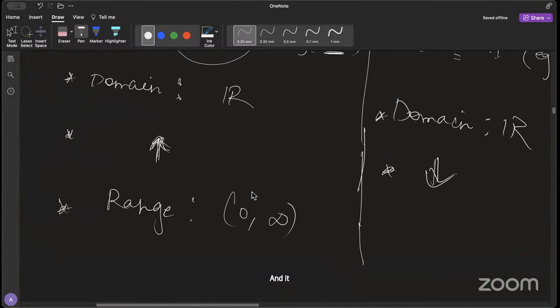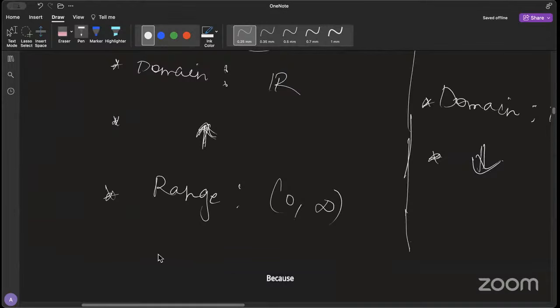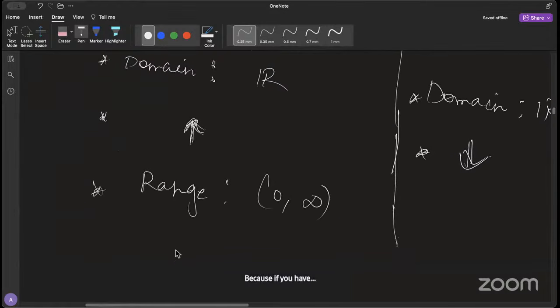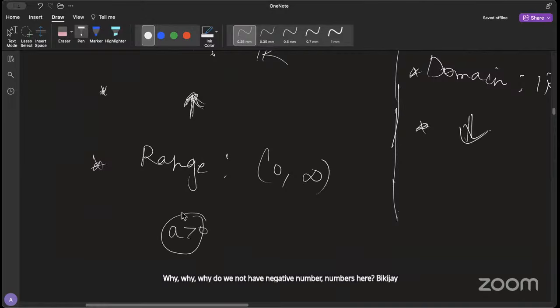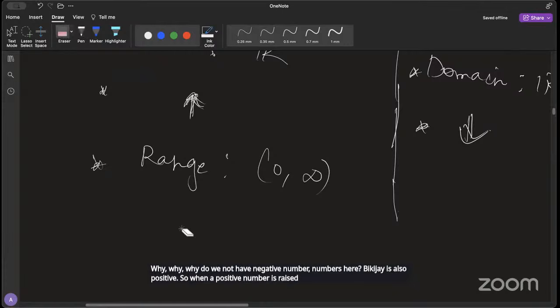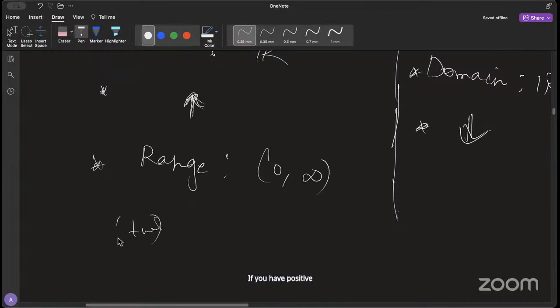And it cannot have negative numbers as well. Why do we not have negative numbers here? Because your a is also positive. So when a positive number is raised to some power, that is always positive. If you have a positive base and it's raised to some power x, this is always positive.